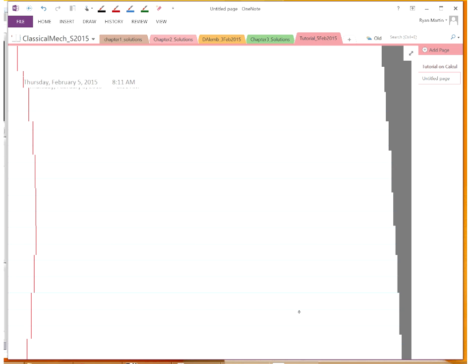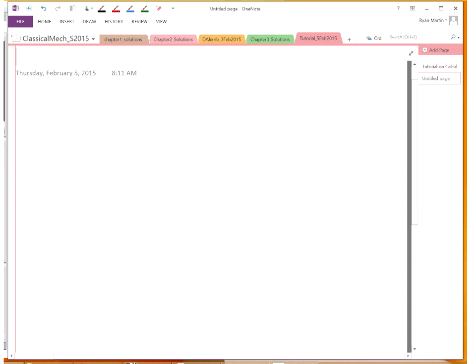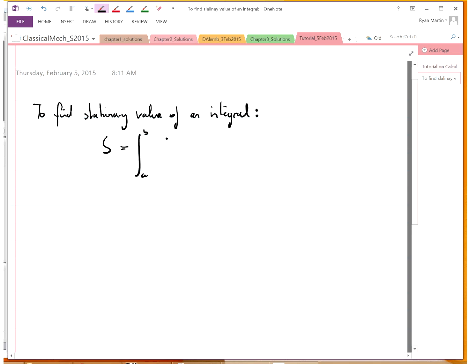And then we also looked at the case for finding the stationary values of an integral. So let's say that the integral was given by S, some integral from a to b of some function L that depends on y, its derivative, and x.